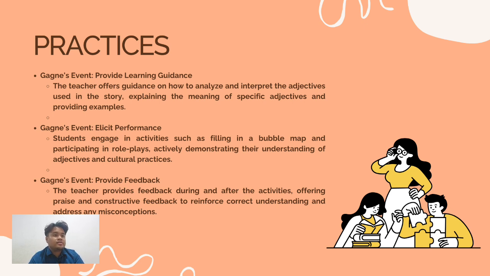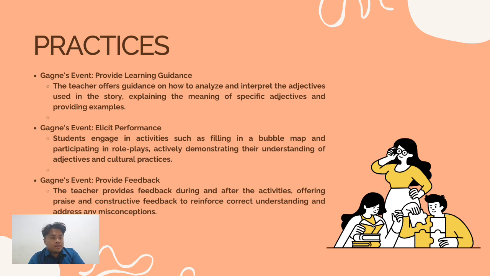Firstly, the teacher's guidance aligns with Gagne's event of provide learner guidance. By offering clear explanations and examples of adjectives, the teacher helps students understand how to analyze and interpret the language used in the story effectively.